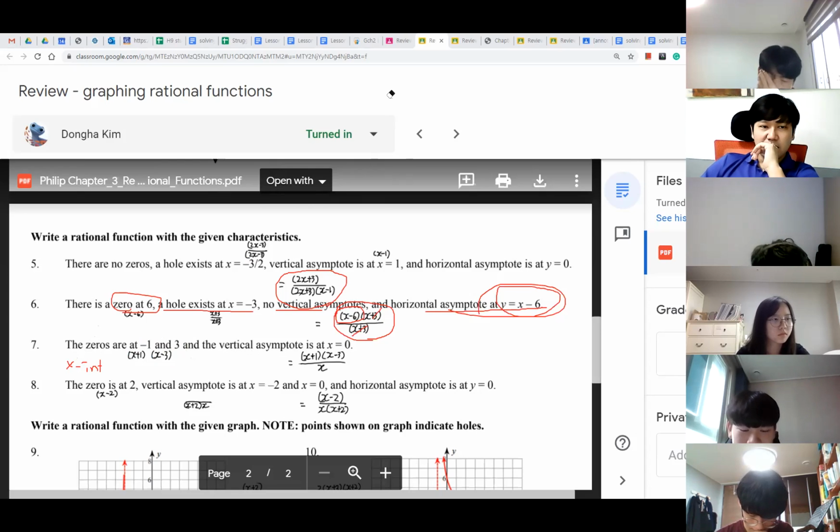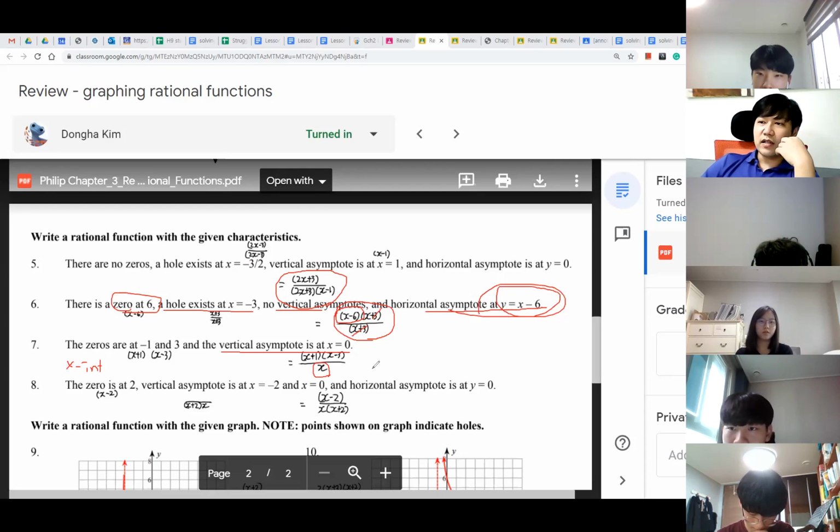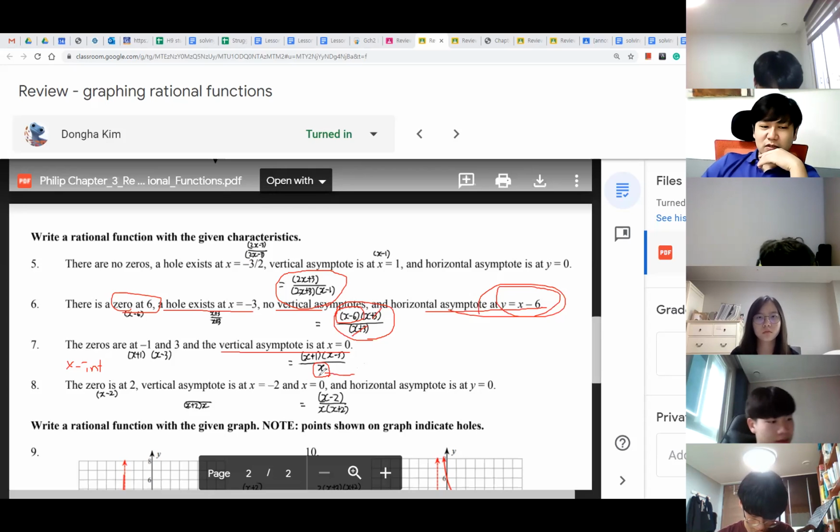Jacob, when there is a vertical asymptote at x equals 0, that means the denominator should be x, because when we put 0 into the denominator, it becomes undefined. Almost, I was going to say perfect. It's 0, so not perfect. If you plug 0 into x, this function is undefined, not 0.